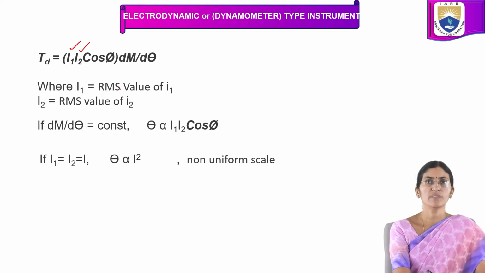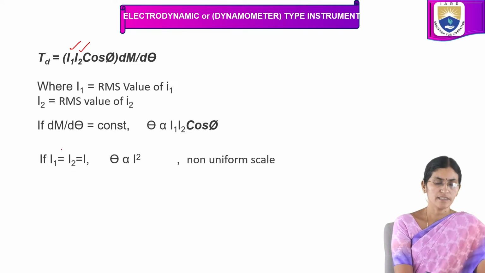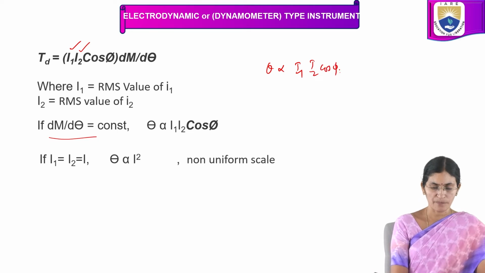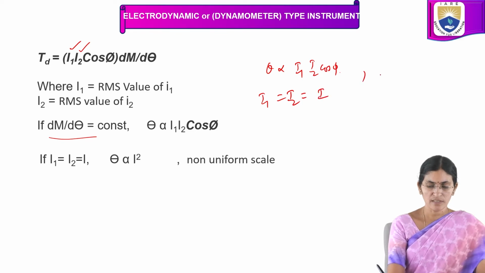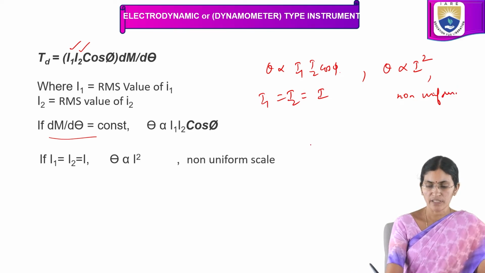If dM by d theta is equal to a constant, then theta is proportional to I1 I2 into cos phi. If I1 is equal to I2 is equal to I, then this is proportional to I square. So this indicates that the scale is non-uniform. So we have a non-uniform scale when it is used as a voltmeter or ammeter.